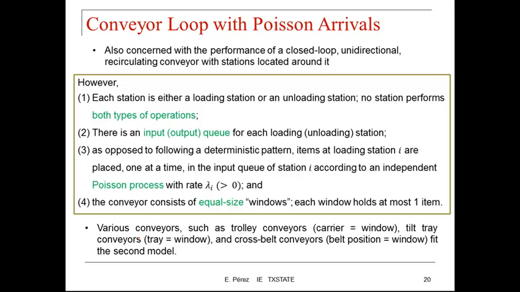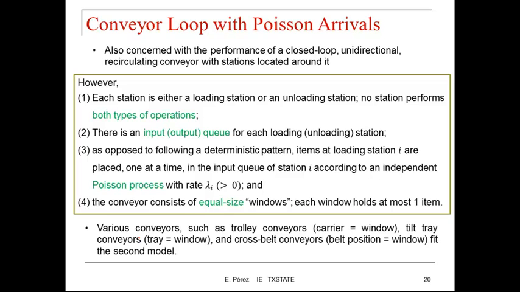So we are also concerned with the performance of a closed loop unidirectional recirculating conveyor with stations located around it. However, this time each station is either a loading station or an unloading station, so no station performs both types of operations.